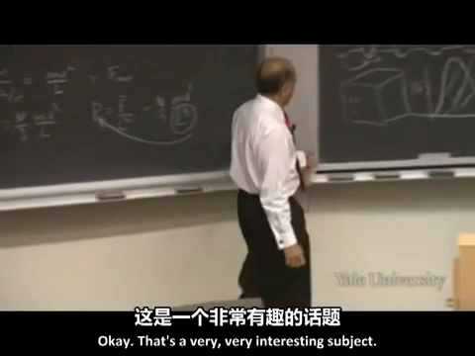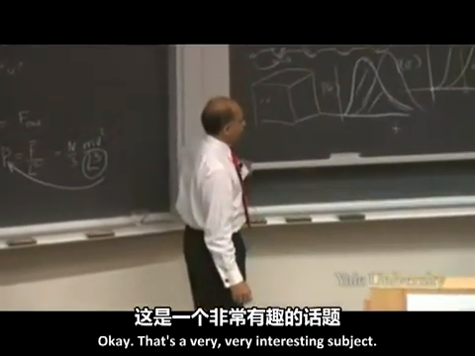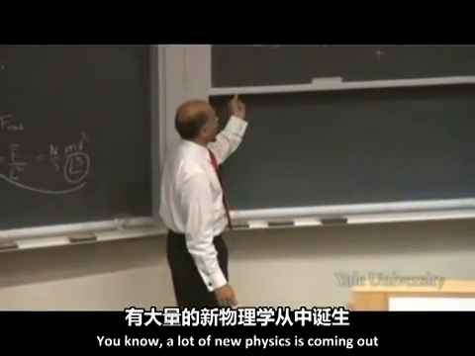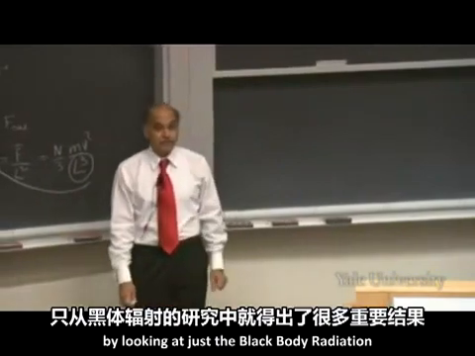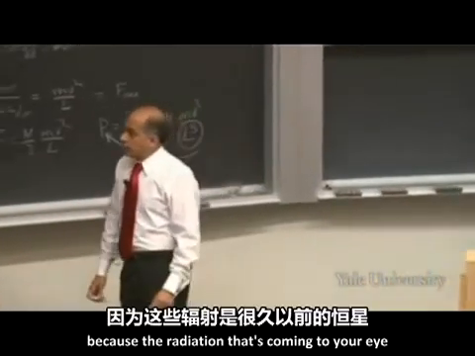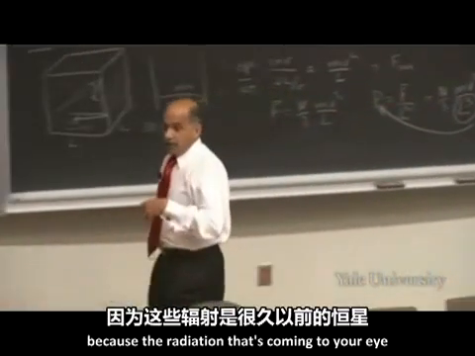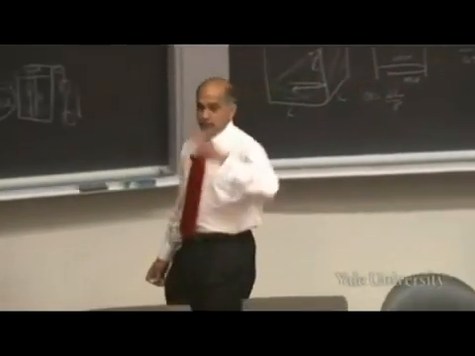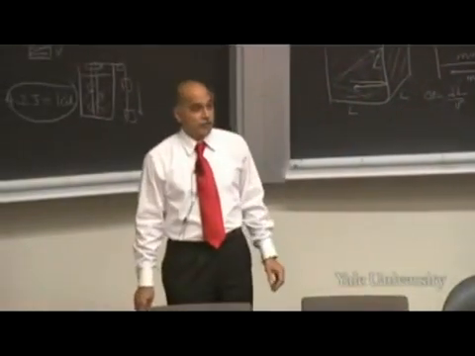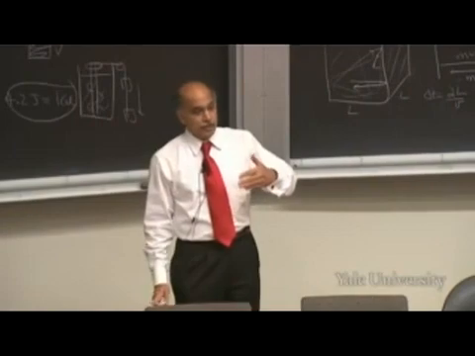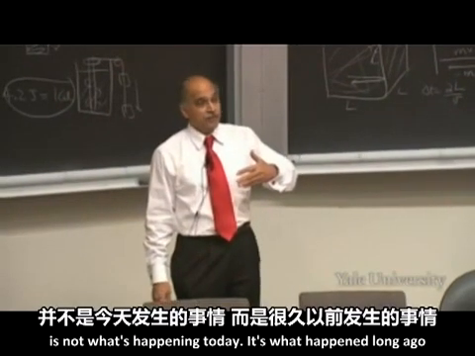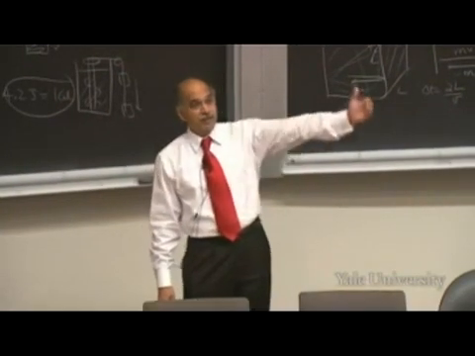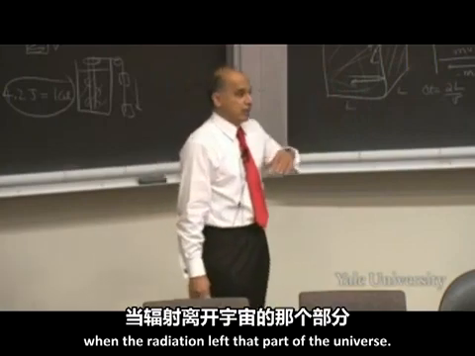Okay. That's a very, very interesting subject now. A lot of new physics is coming out by looking at just that black body radiation. Because the radiation that's coming to your eye left those stars long ago. So what you see today is not what's happening today. It's what happened long ago when the radiation left that part of the universe.